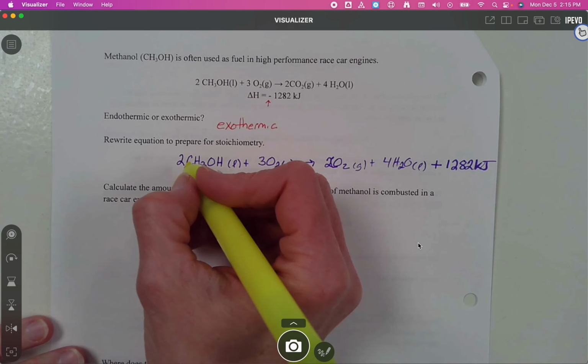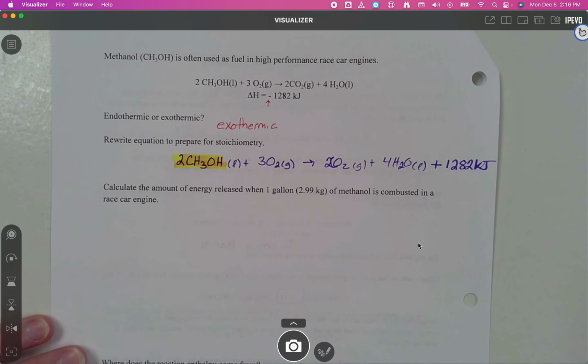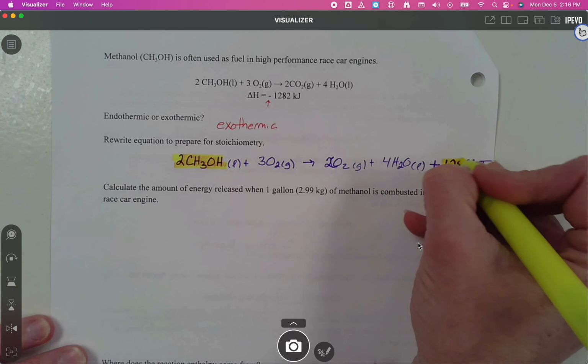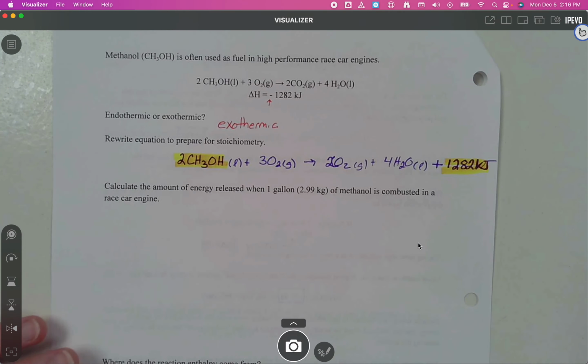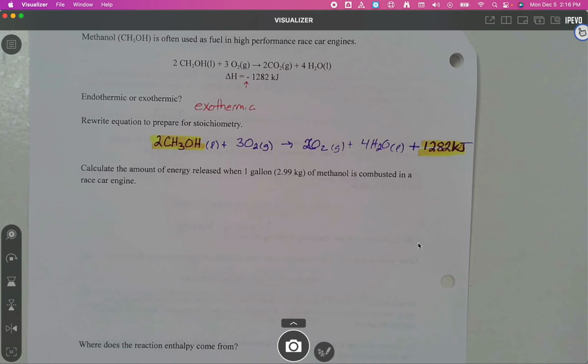So we're going to be trying to create a comparison between methanol and energy. And this is really nothing more than a dimensional analysis problem.